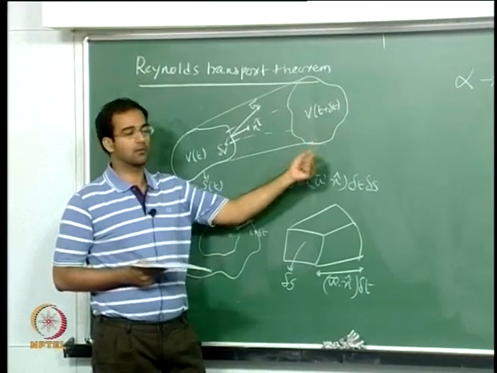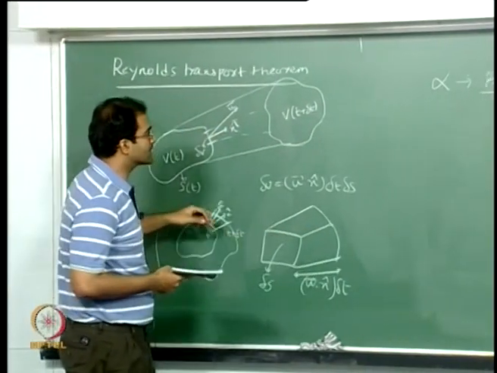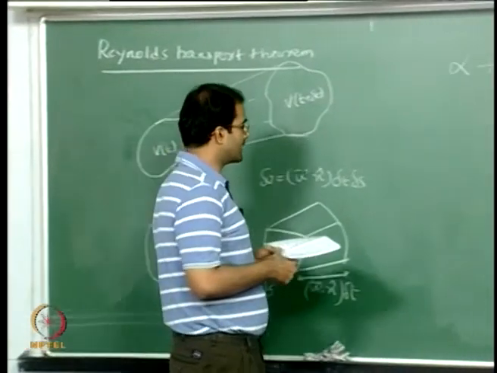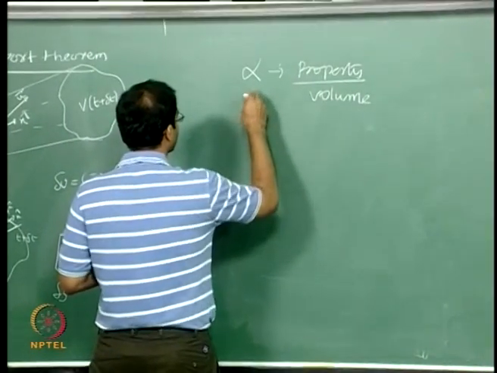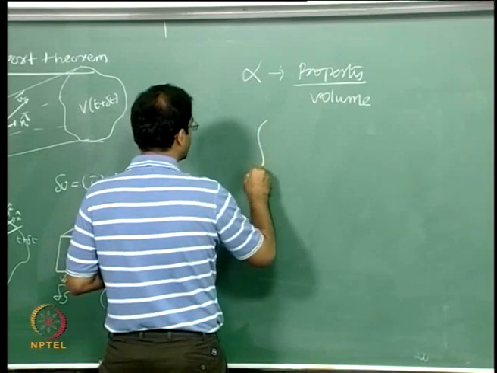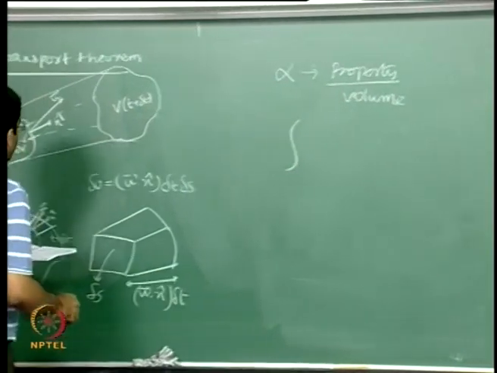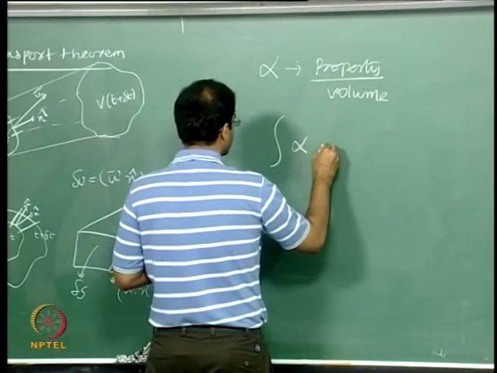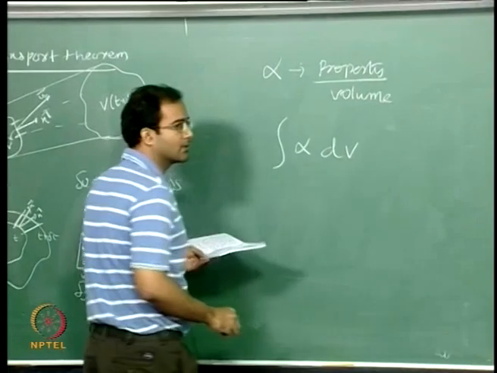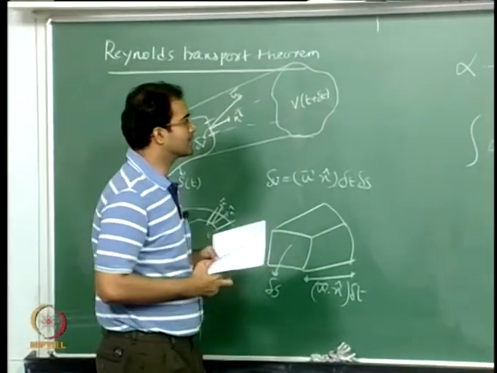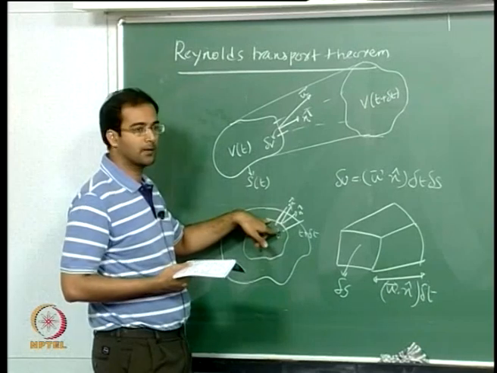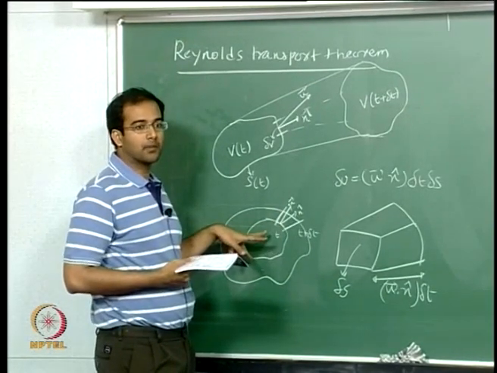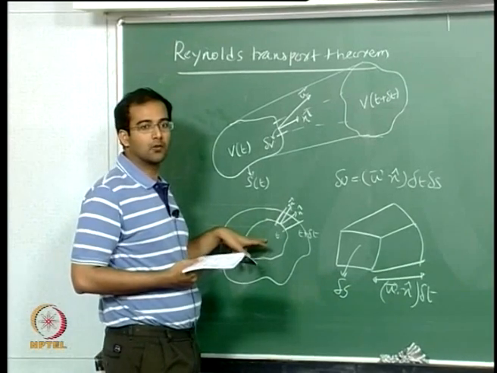If I want to see how this property is evolving over time, I can multiply alpha by the volume, so that is alpha into dV, and integrate this over the entire volume. For a differential volume I multiply by that, I integrate it over the entire volume, and this will give me the property for that particular control volume.